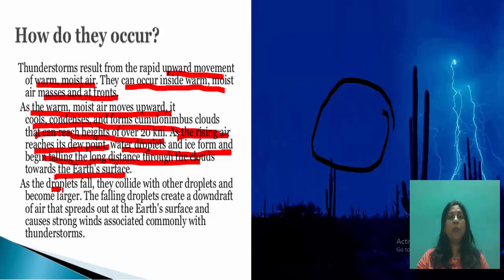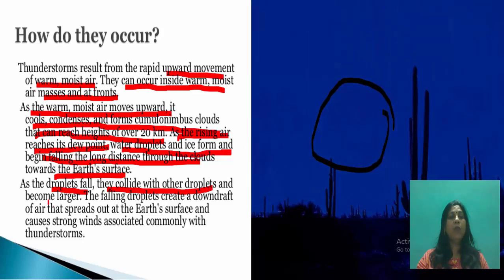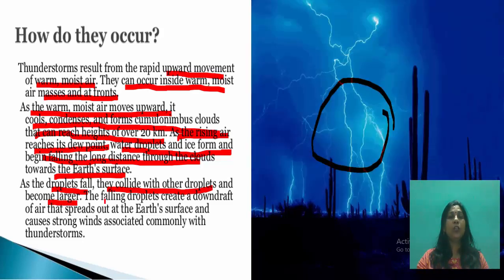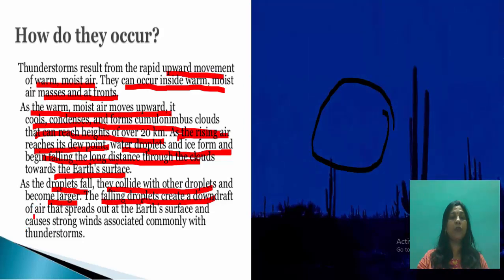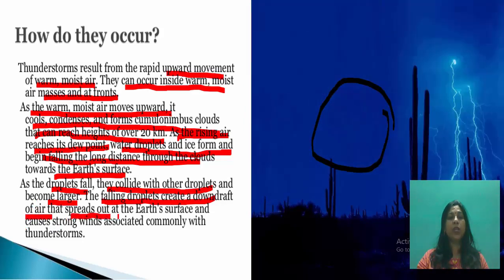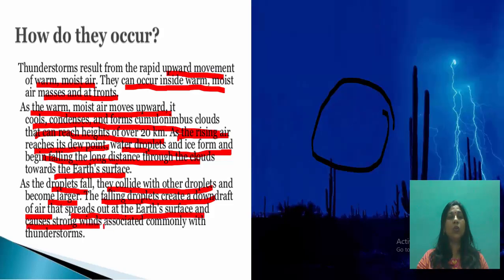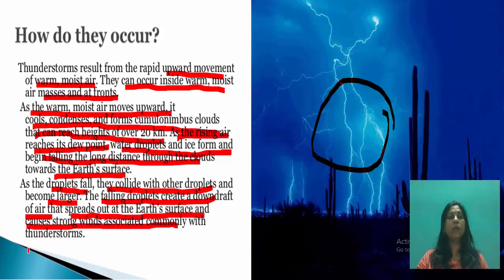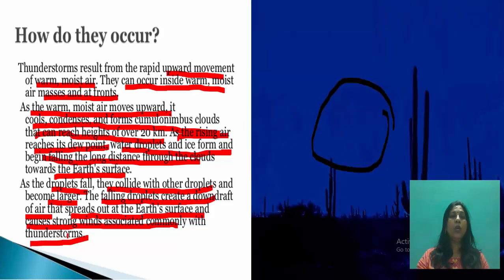As the droplets fall, they collide with other droplets and become larger. The falling droplets create a downdraft of air that spreads out at the Earth's surface and it causes strong winds associated commonly with thunderstorms. Clear to all of you?